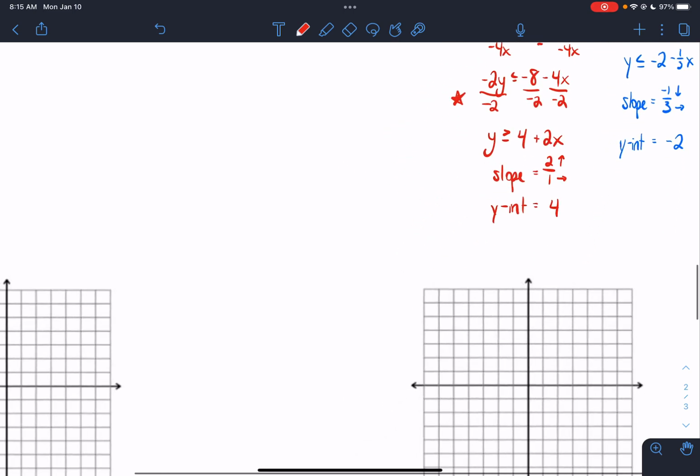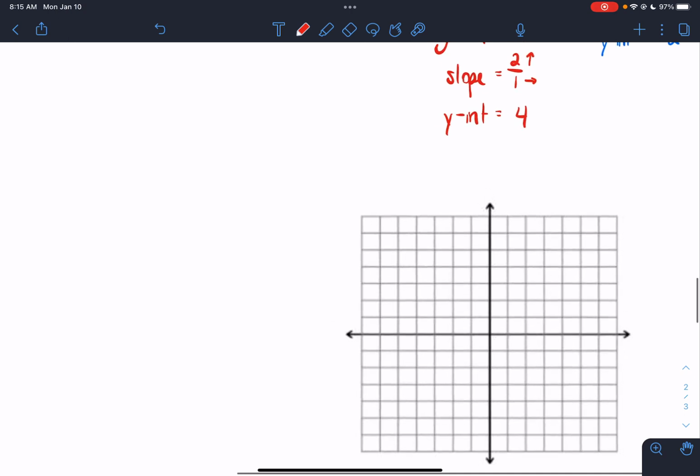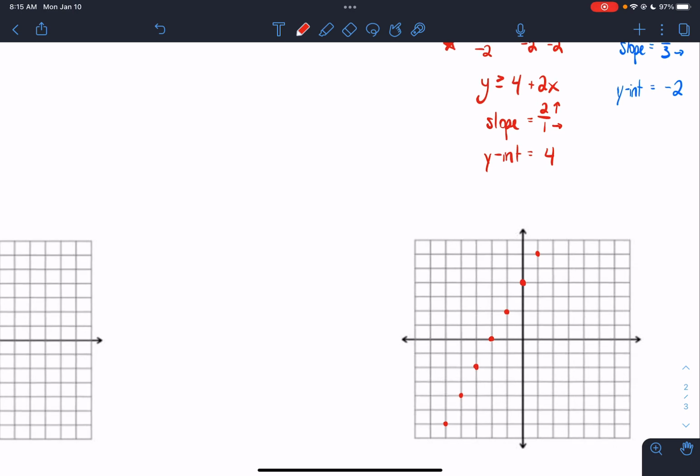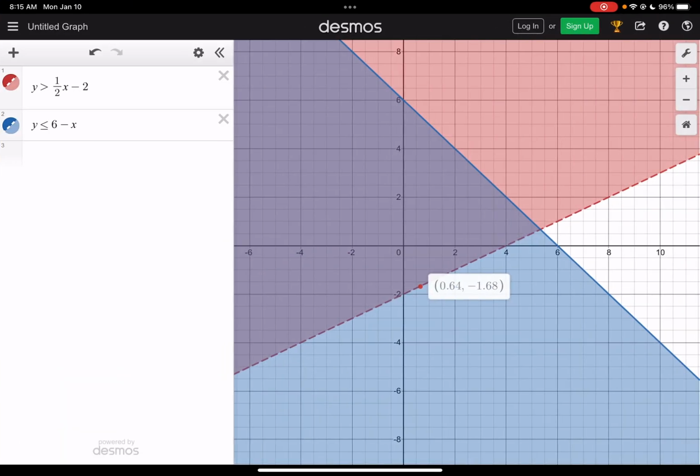So with my red equation, I'm starting 4 above my origin. And I'm up 2 right 1. I can also reverse the direction and go down 2 left 1 just to continue the pattern. So y is greater than or equal to 4 plus 2x.